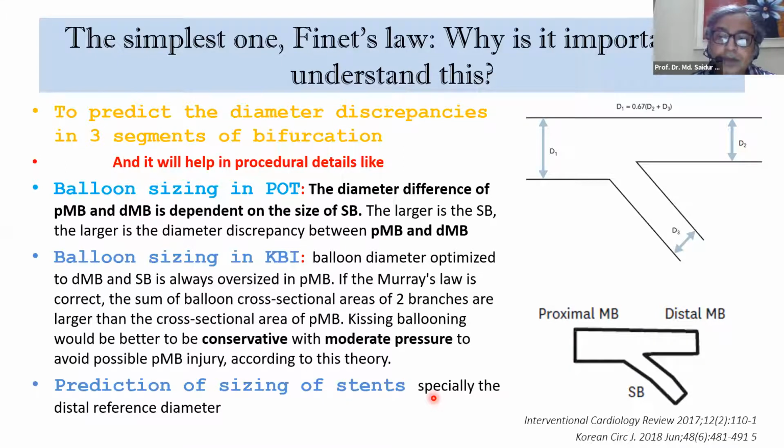Like if you have a larger side branch, you can obviously predict that the distal main branch will also be a little bit smaller than the main branch. So the discrepancies are more in that case.